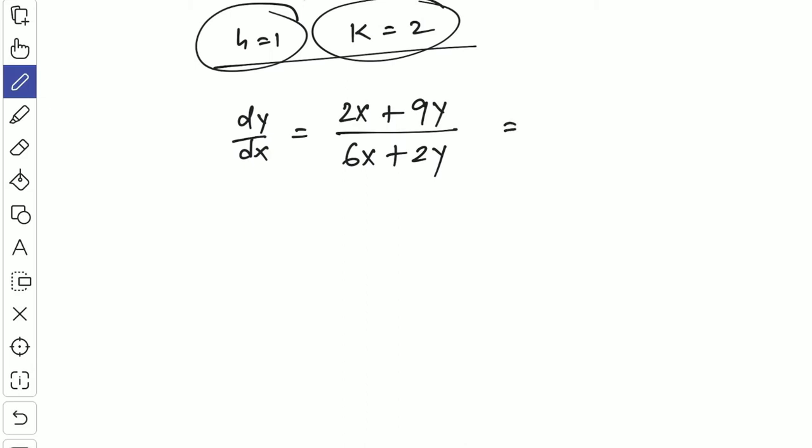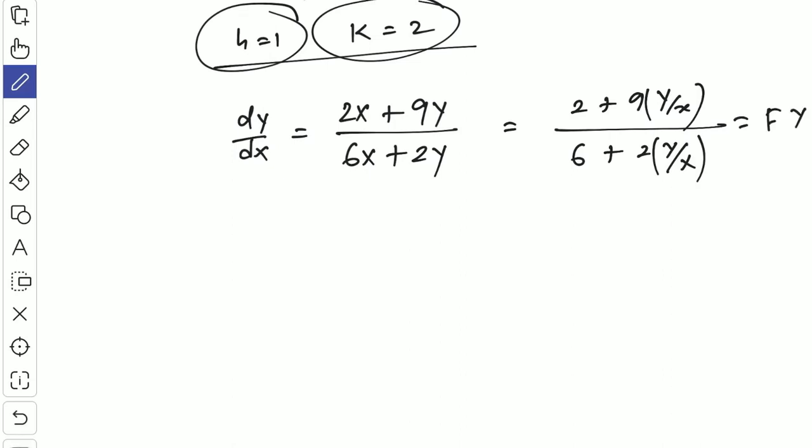Now it can be written in this form, (2 + 9Y/X)/(6 + 2Y/X), which is a function of Y by X, isn't it? So that means it is homogeneous now.